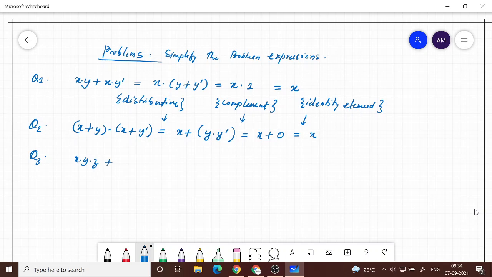Although down the line we may ignore the dot and just simply write like this, x dash y plus x dot y dot z complement. Okay, so if you look carefully at these expressions, sometimes you don't know how to really proceed from the start, how to take the next step.